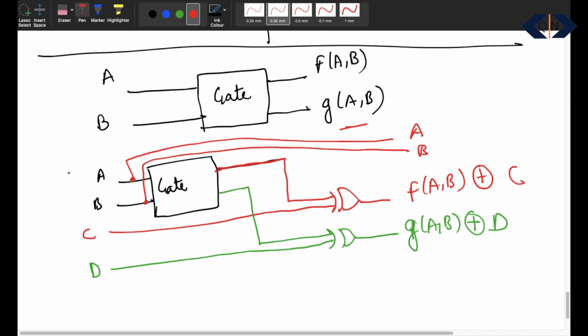So now we are having inputs A, B, C, D and outputs A, B, function of A B XOR C, function of G A B XOR D.